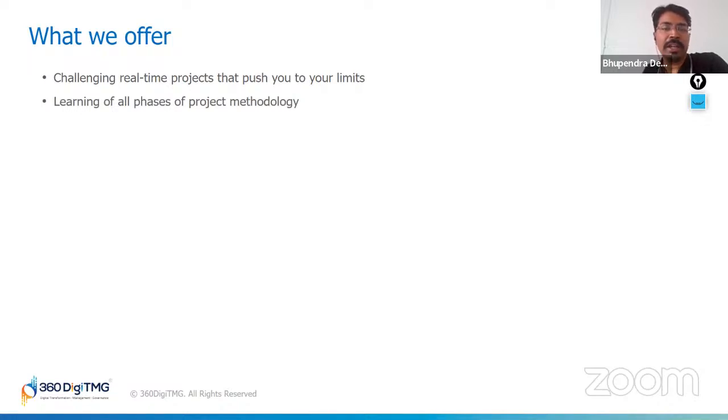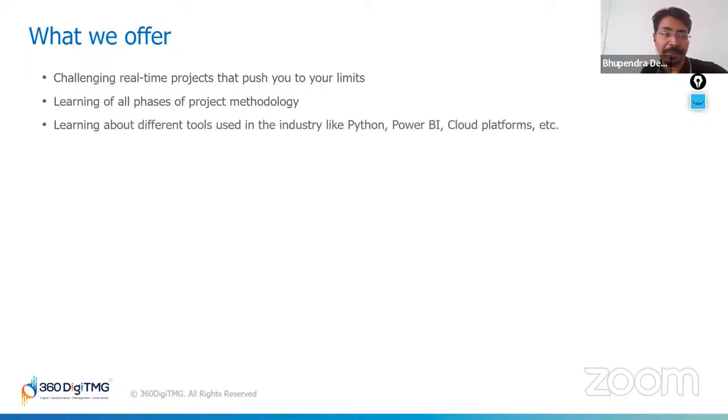Now, learning of all phases of project methodology. Think of it right from one end to the other end. Learning of all phases happens here, be it business understanding, data collection, or monitoring and maintenance. We talk about everything. You learn everything here, right?